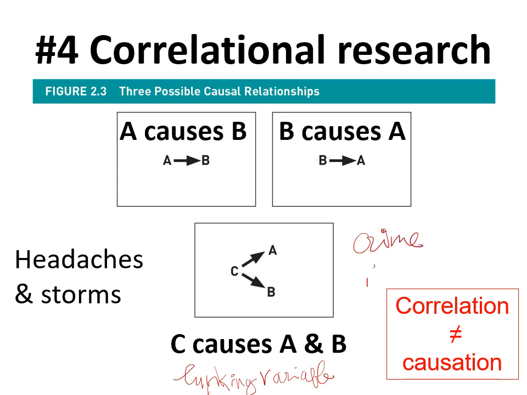I believe Spickard actually talks about this. Crime and ice cream sales tend to accompany each other. So higher crime takes place when ice cream sales tend to increase, at least in some places.